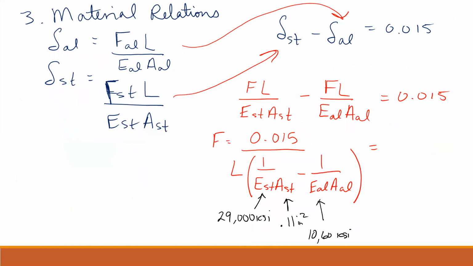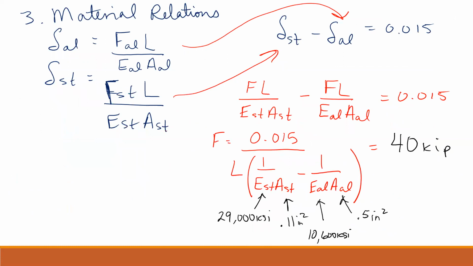You often see just 10,000 used as well, but we're going to use 10,600. And the aluminum had an area of 0.5 inches squared. So you plug each of those values in, and the answer you get is 40 kips.